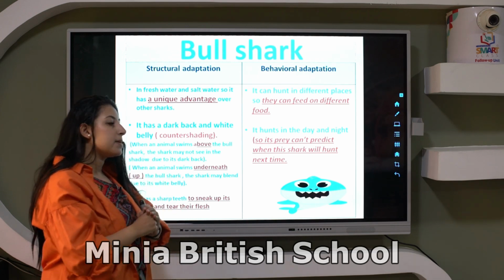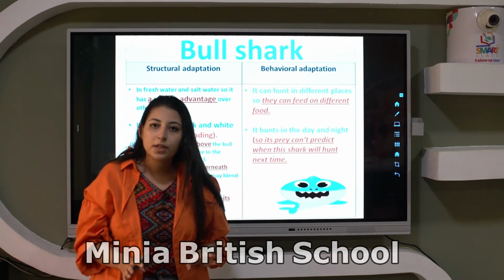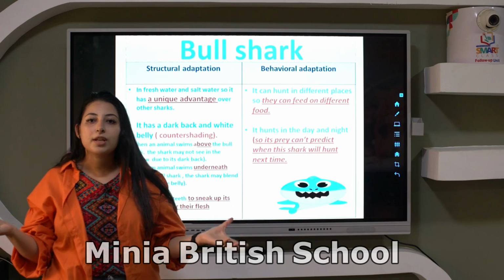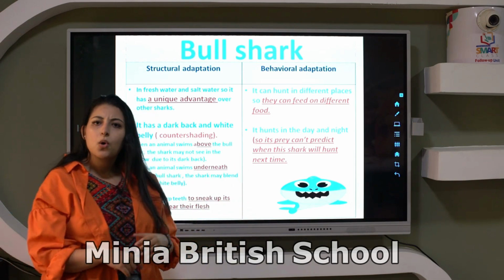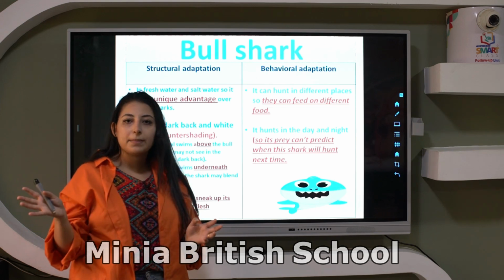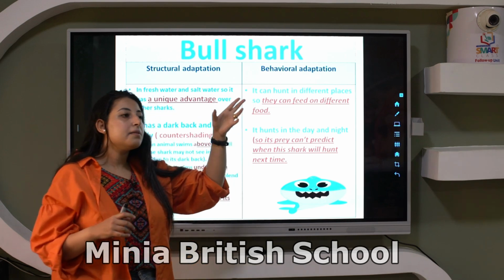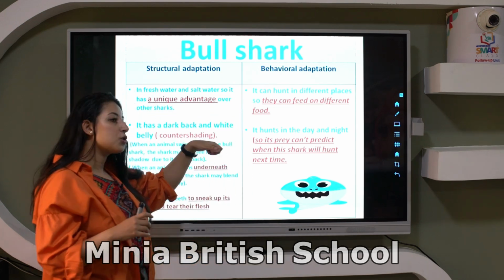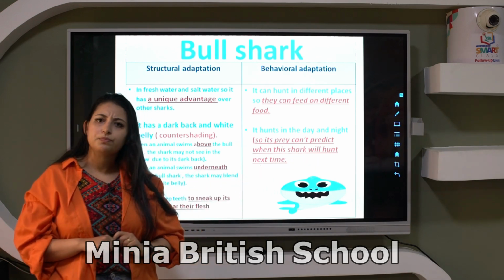Okay, what about behavioral adaptation? You can see the bull shark anywhere and anytime. What is the meaning of anywhere? In fresh water and salt water, as a structural adaptation. What is the meaning of anytime? It's related to the behavioral adaptation. Anytime means we can see the bull shark at daytime and also at night time.